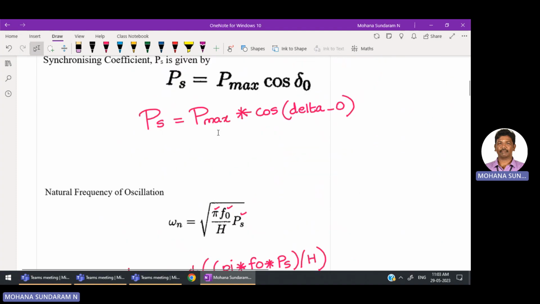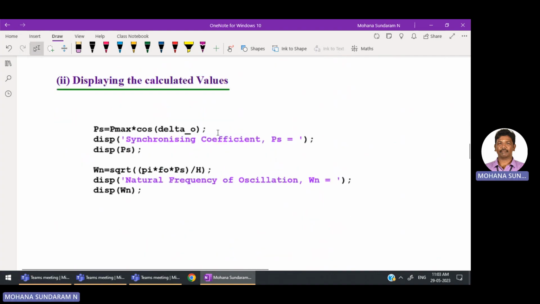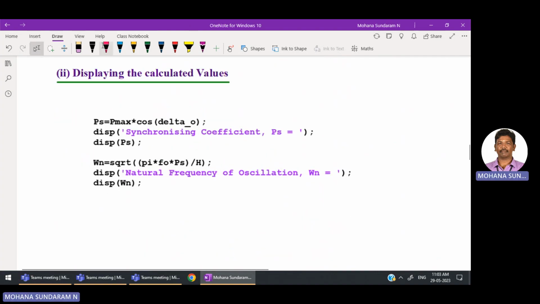So this is over. Now we will see how to display the values. Look at this. I have given the line, which is nothing but part of Matlab code. PS is equal to P max into cos delta naught. So this is the formula we used here.